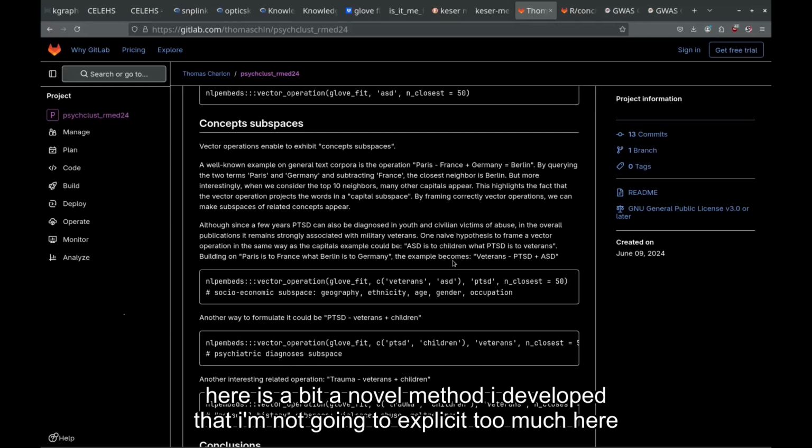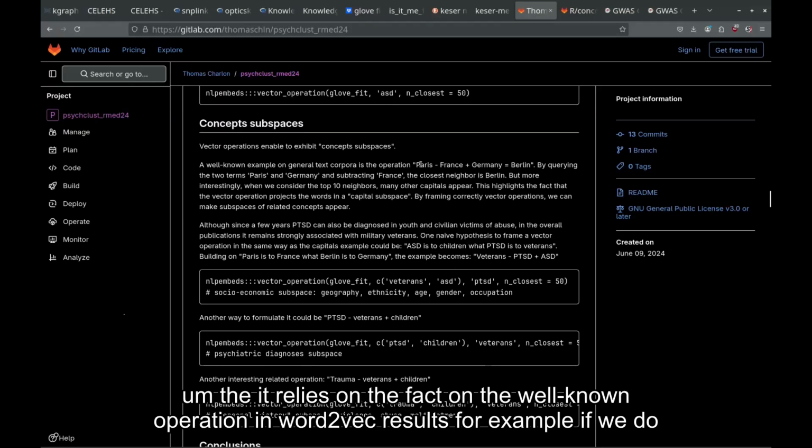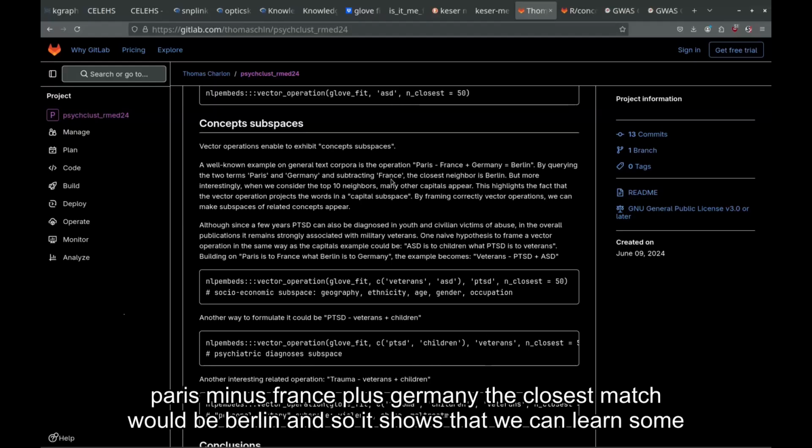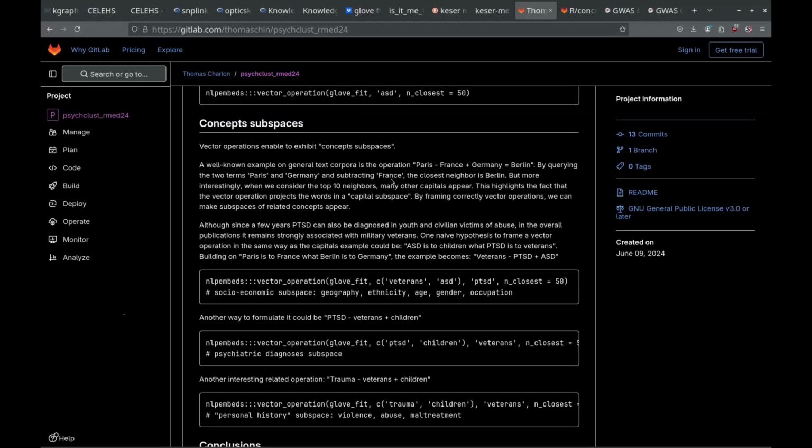Here is a novel method I developed that I'm not going to explain too much here. It relies on the well-known operations in Word2Vec results. For example, if we do Paris minus France plus Germany, the closest match would be Berlin. It shows that we can learn some concepts of capitals, and it also shows that we can do arithmetic operations on our concepts.